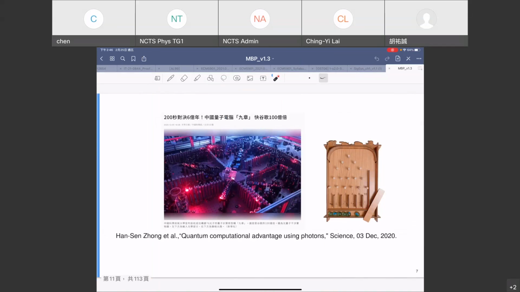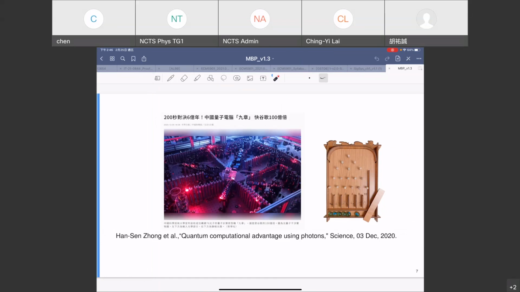If you have a beam splitter, and a photon comes to the beam splitter, it will go through the beam splitter, or it will be reflected.